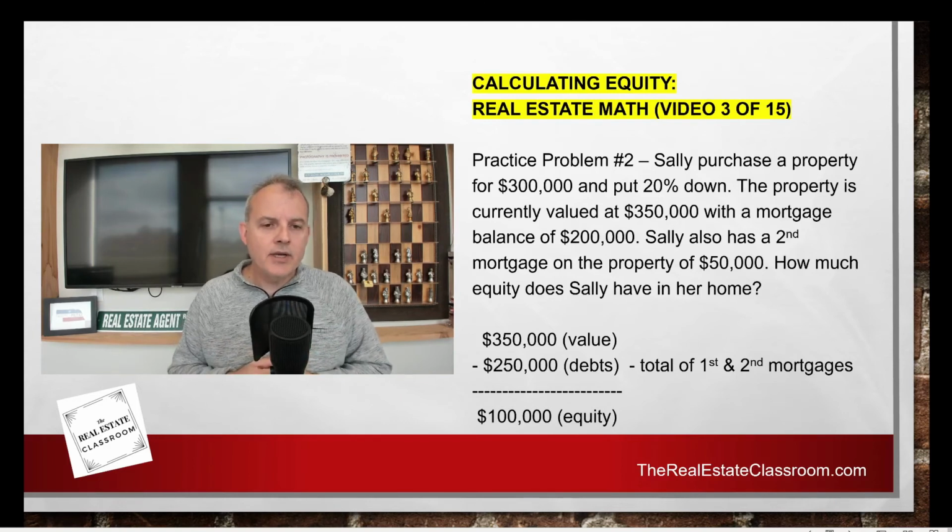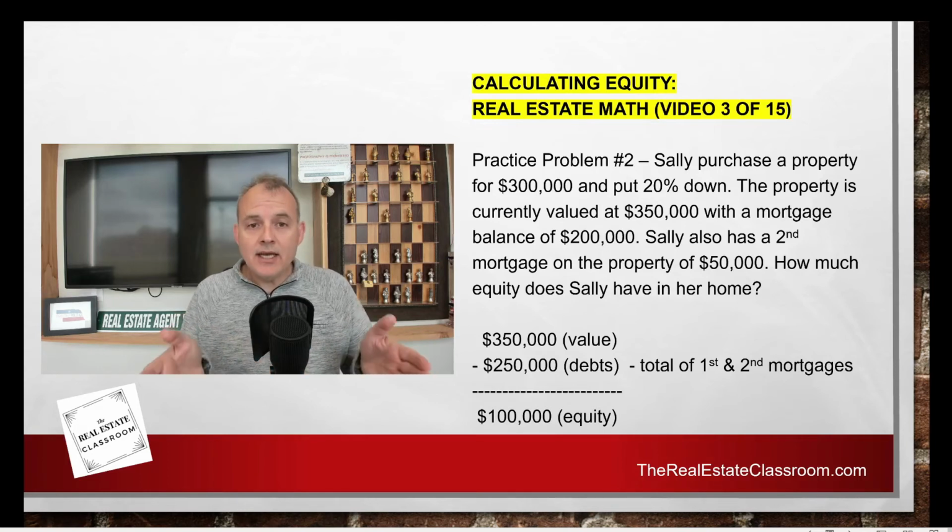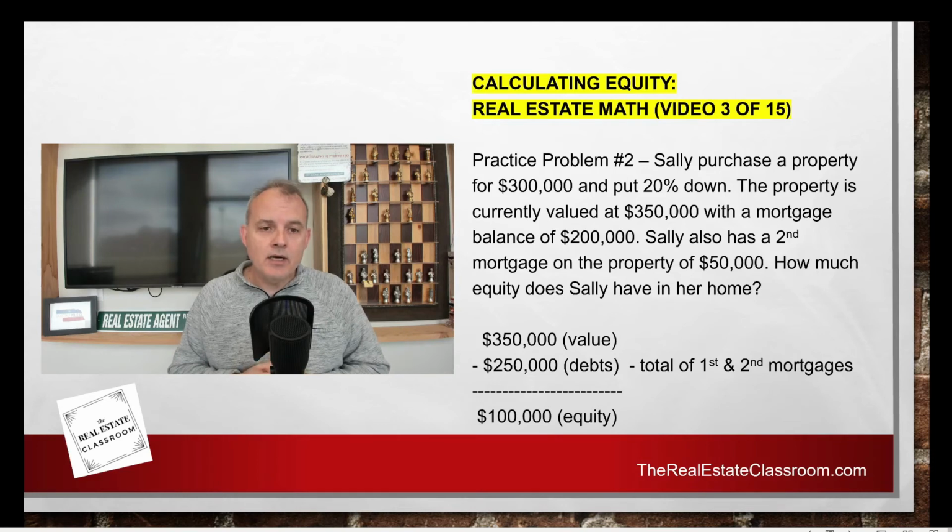Therefore, when we take $350,000 minus $250,000 in total debts, Sally has an equity position in that home of $100,000 in equity. And those are the 2 most common types of questions you're going to see on your real estate licensing exam regarding how to calculate equity.